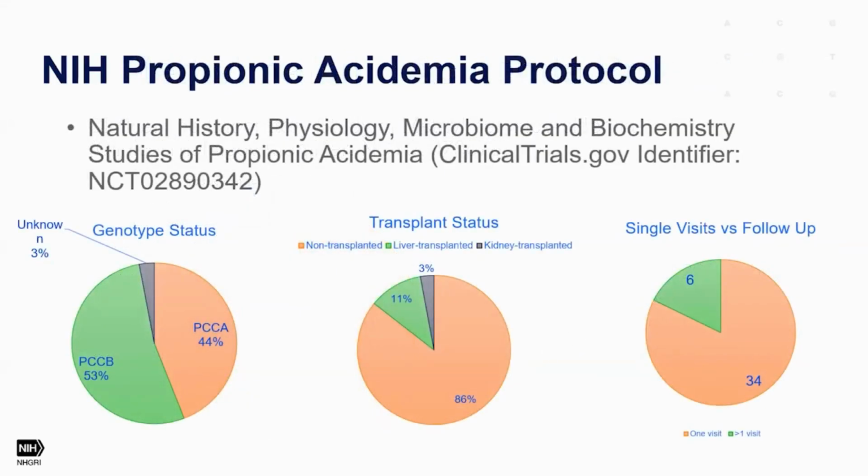The natural history study of propionic acidemia at NIH began in late 2017, and today we have enrolled 44 participants. Each visit results in the collection of about 500 clinical, imaging, laboratory, and dietary parameters. A unique feature of both datasets is a subset of participants who underwent solid organ transplantation, such as liver, kidney, or combined liver-kidney transplants.